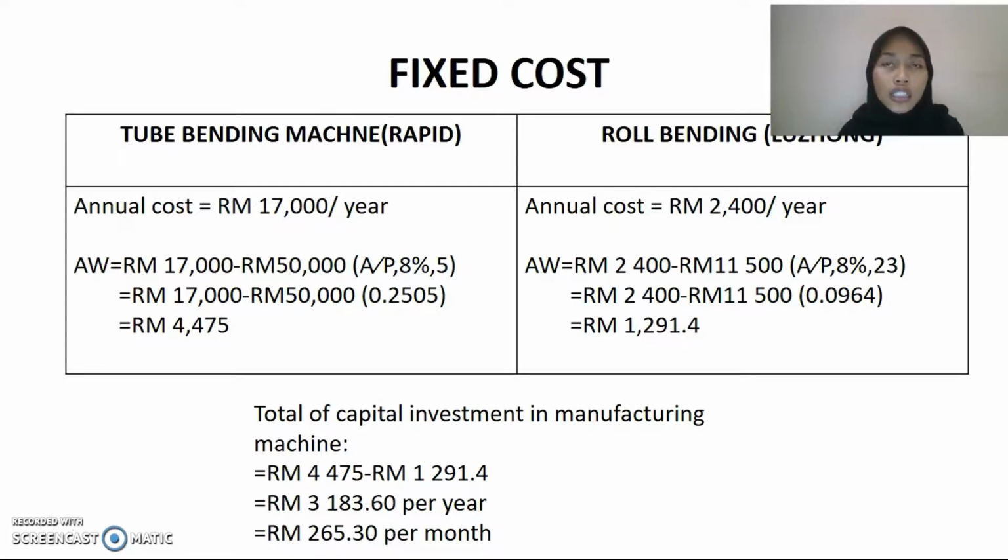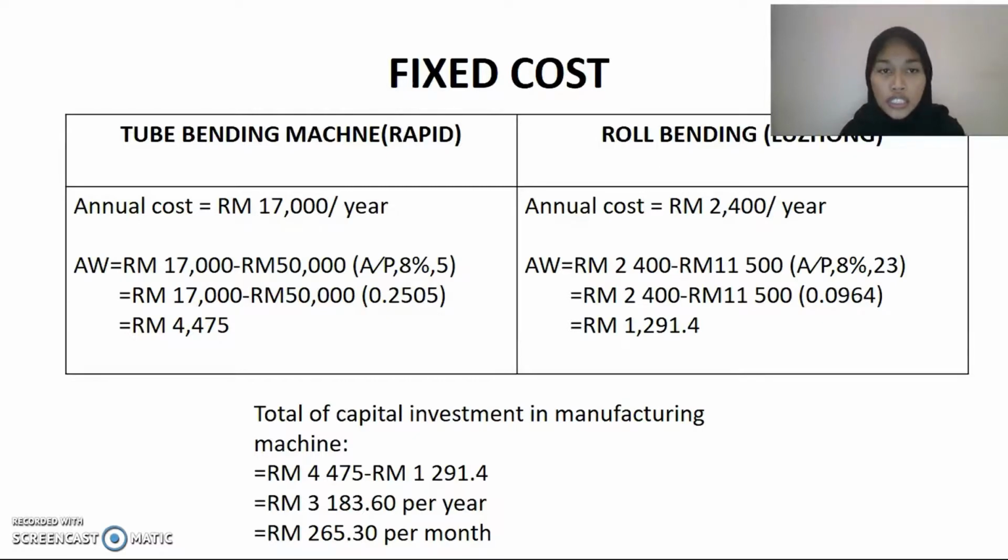The annual worth is 17,000 minus 50,000 times (A/P, 8%, 5). 5 is the year or the useful life, and 50,000 is the ownership cost. So the total annual worth is 4,475 for the tube bending machine.